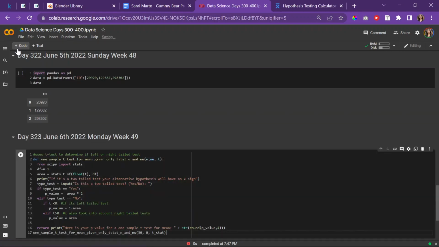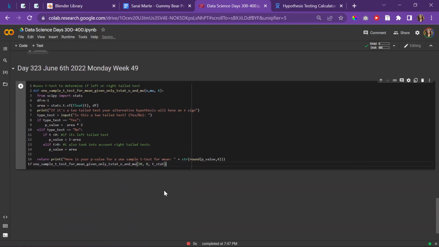Alright, I'm gonna add this code, right? So now, I'll just show you real quick. No, because t.cdf is different than cdf. Let me think real quick. So, right tail test, right?